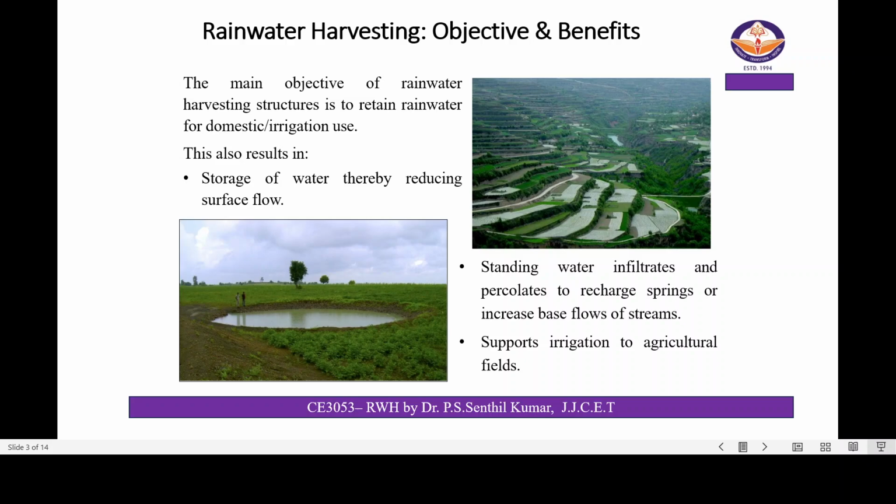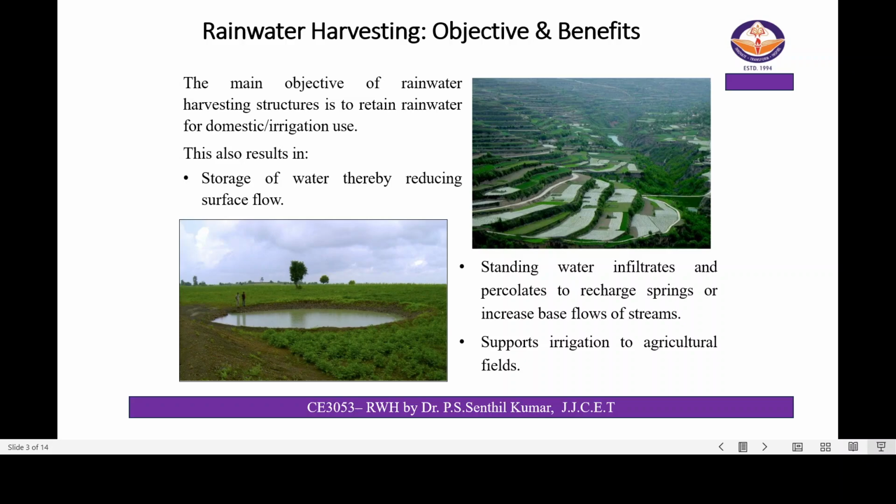Rainwater harvesting. First, we will see the objective and benefits of rainwater harvesting. The main objective of rainwater harvesting is to retain rainwater for domestic and irrigation use.